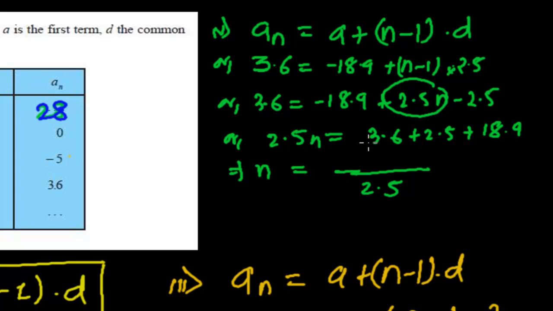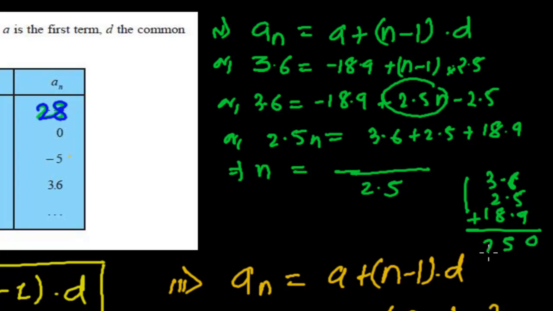Now let's add 3.6, 2.5 and 18.9. If we add these all, 6 plus 5 is 11, 11 plus 9 is 20, so 0, carry over 2. Then 3 plus 2 is 5, 5 plus 2 is 7, and 7 plus 8 is 15, so 5, carry over 1.